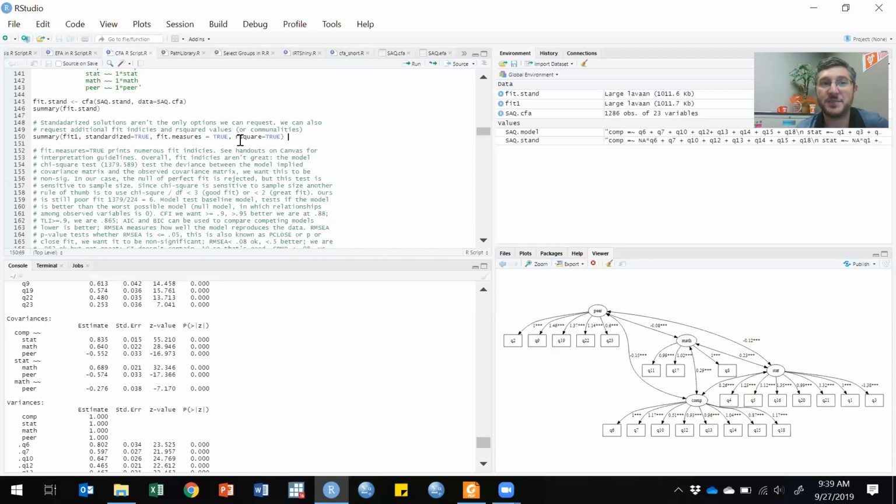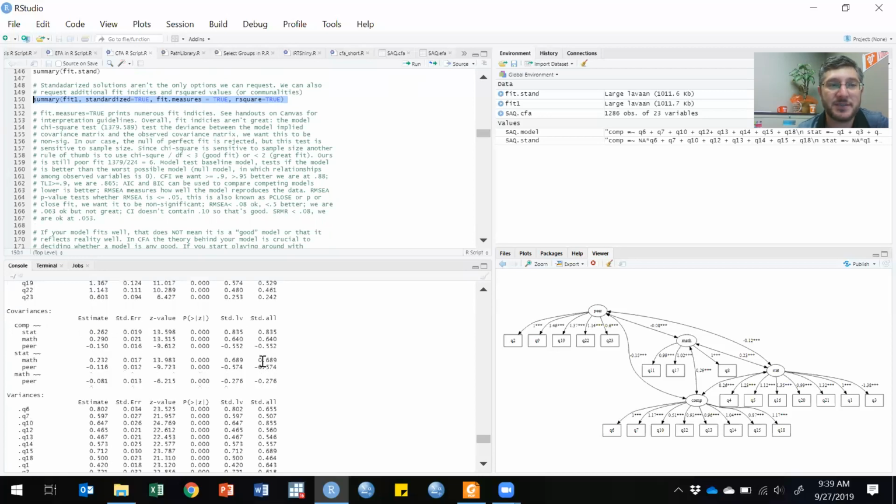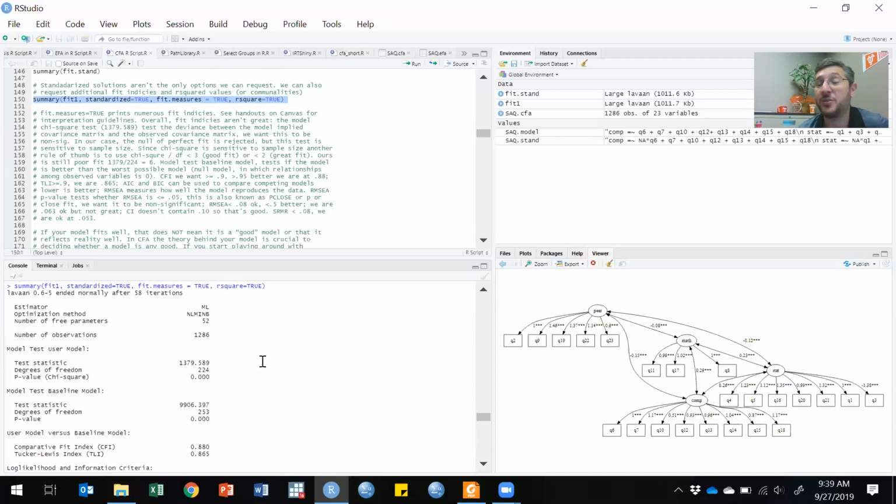Remember what those were from EFA. Now our output's a lot longer here. So fit.measures equals TRUE prints numerous different fit indices.